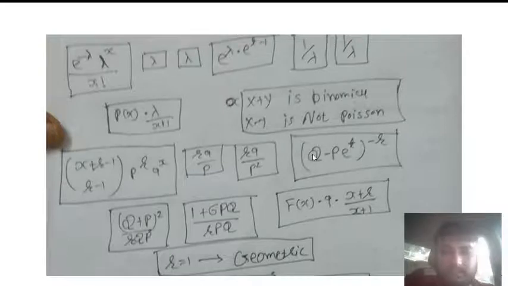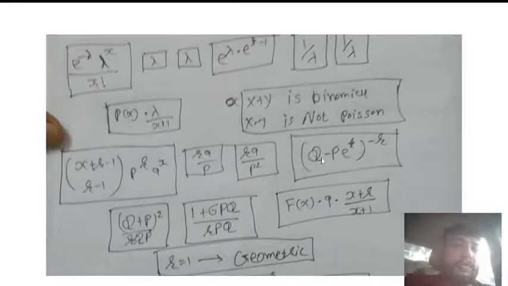This is the moment generating function of the negative binomial distribution. Capital Q is equal to 1 upon p, where p is the probability of success, and capital P is equal to 1 minus q. These are additional things you have to remember.